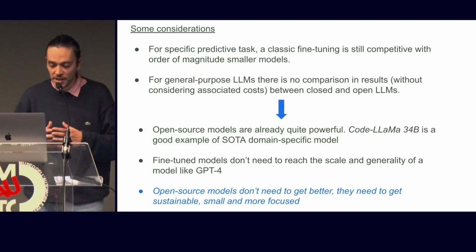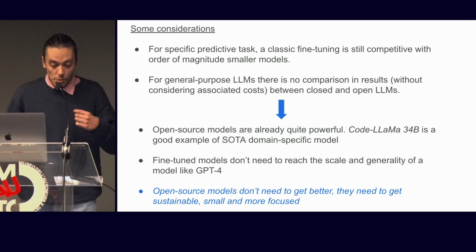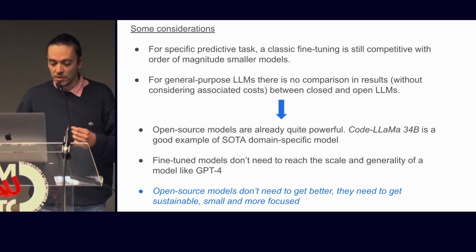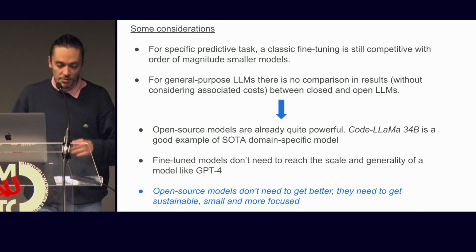And to summarize all these considerations, we can say that fine-tuned models don't need to reach the scale and generality of a model like GPT-4 or GPT-3.5. We can imagine that the open source community should focus on developing sustainable, smaller, domain-specific, more focused models.